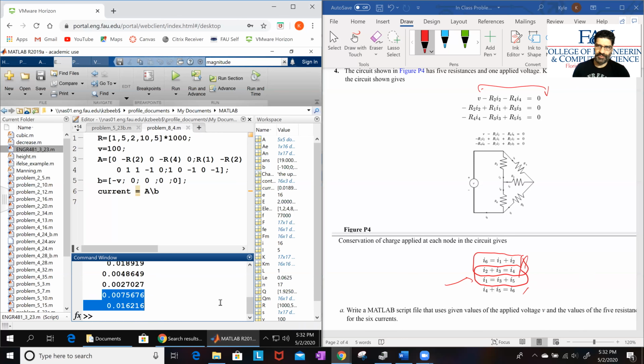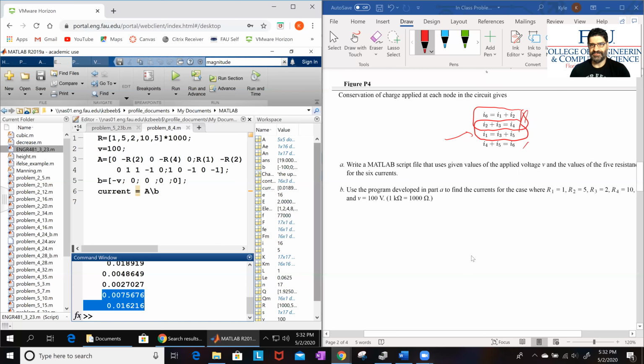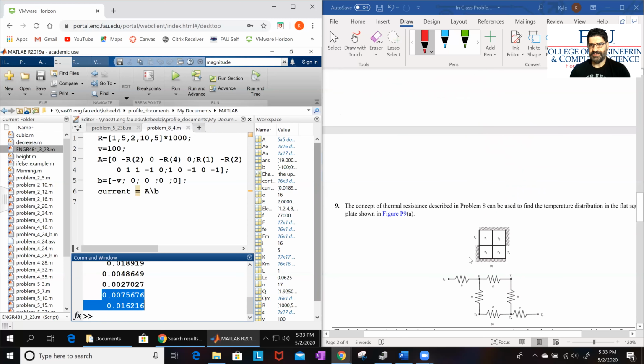You have more equations than unknowns. You just have to be careful when you do this. Actually, you can calculate I6 with one equation and verify it with a second equation to make sure what you're doing is right. So it's a very good example, a good application for circuits, and it shows you the power of using MATLAB to calculate these types of linear algebraic equations.